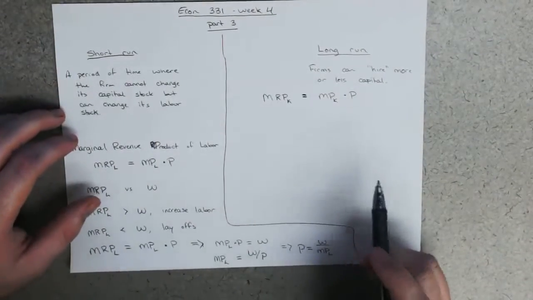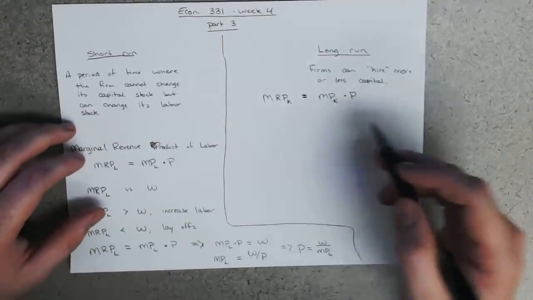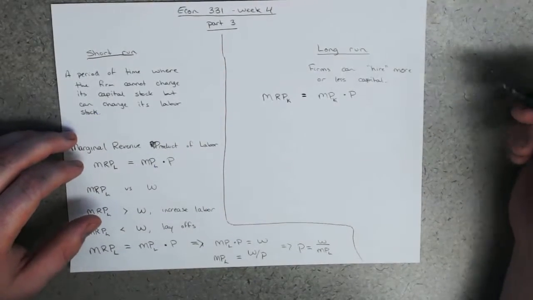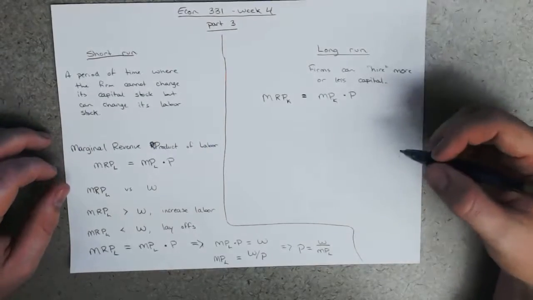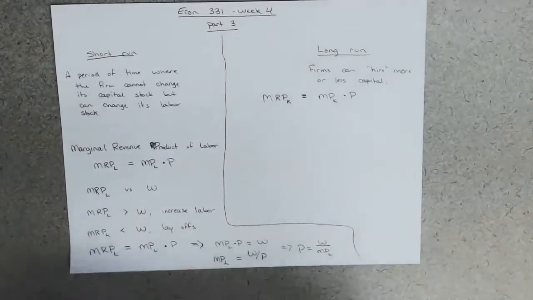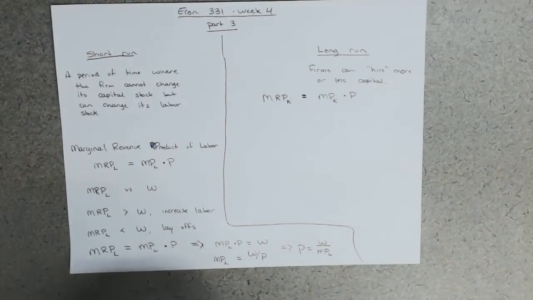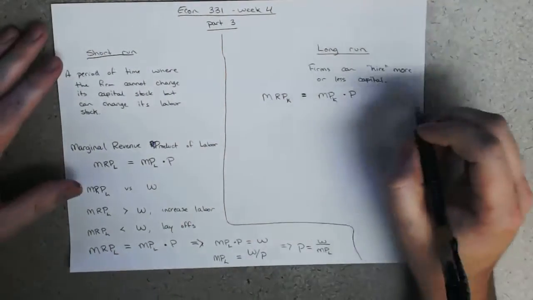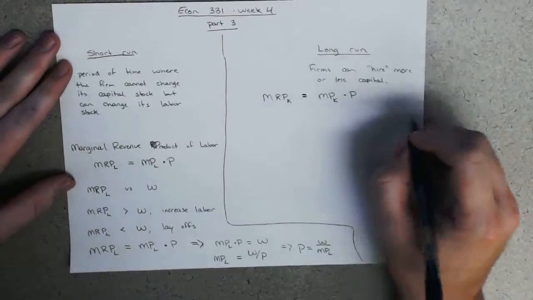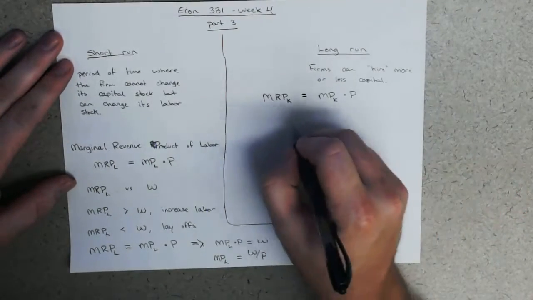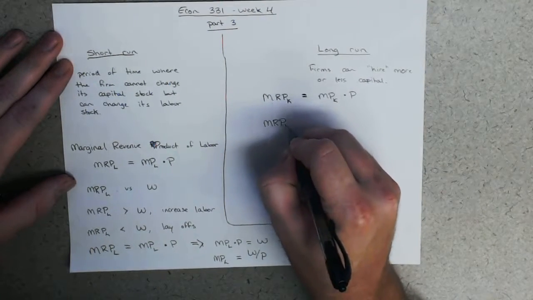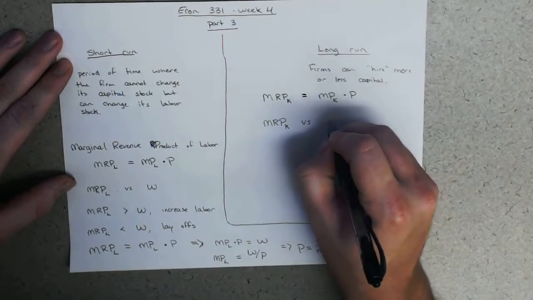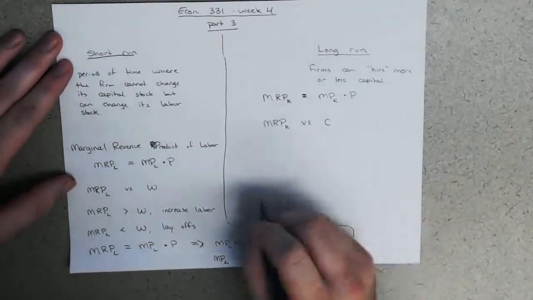Same exact thing as before, except this time we're talking about how much additional revenue we'll receive if we hire one more unit of capital, okay? And here, we just talk about the cost. So let me make sure I'm using the right letter. Yep. Okay, so here we're concerned with the cost of capital, which is C, right? So we want to compare marginal revenue product of capital versus the cost of capital, C, okay?